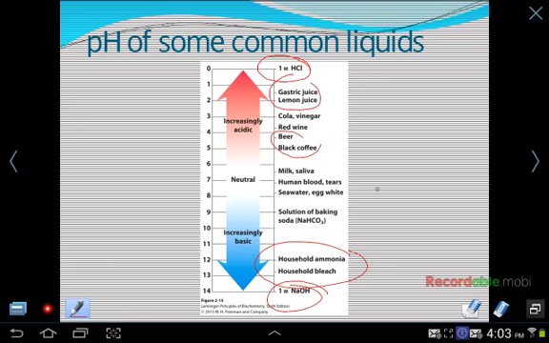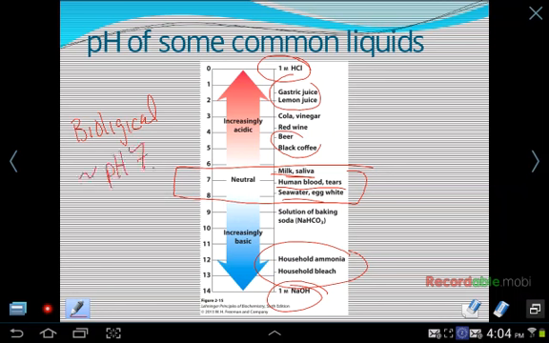And then if we look around 7 or around neutral, we have milk and saliva, human blood, tears, seawater, and egg white. Now, the majority of biological fluids, such as blood and tears, like to maintain a pH of 7.